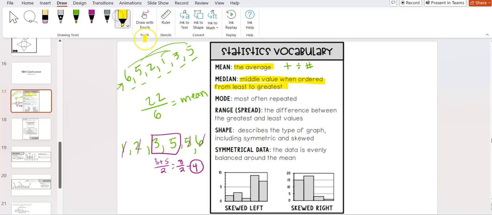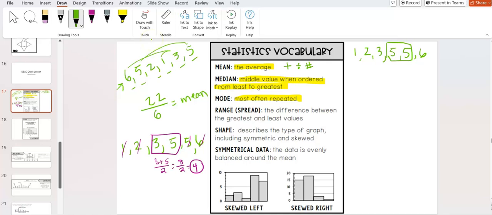All right, the next one you're going to write down is the mode. The mode is the one that is most often repeated. Mode occurs the most. I'm going to keep them in number order, the numbers we're working with here: 1, 2, 3, 5, 5, and 6. You can find the mode because it's the number that occurs the most, and we have 5 as the most.